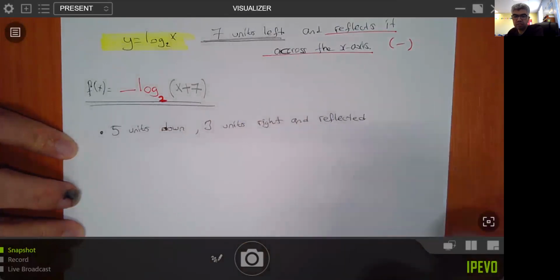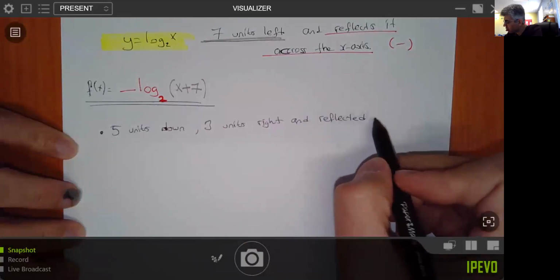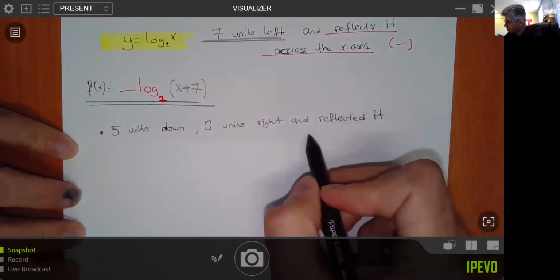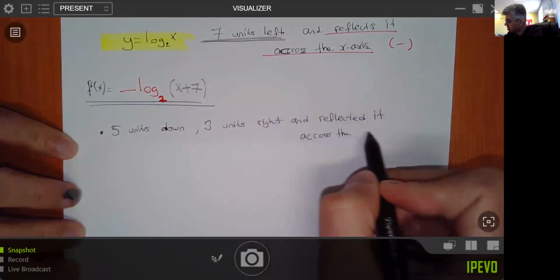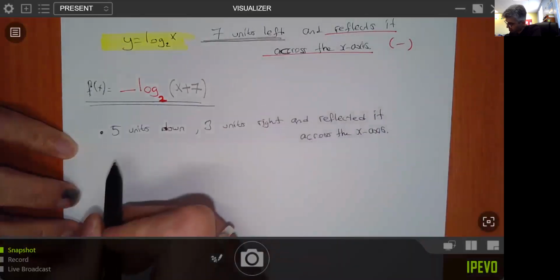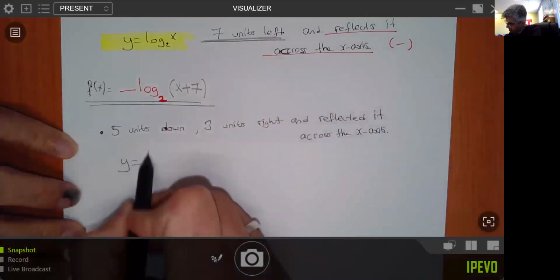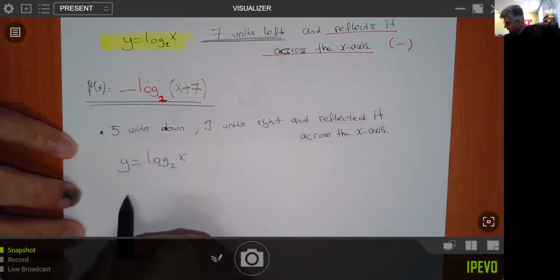So this is basically the most complicated one. If you understand this, you understand all. It's across the x-axis. So there are three things here. The parent function is log of x base 2. Okay. 5 units down.